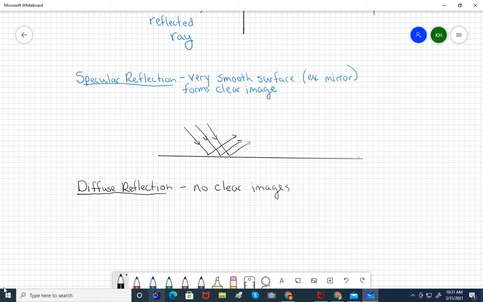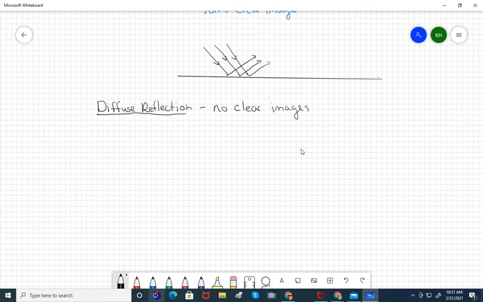So with diffuse reflection, even if we start with some nice parallel rays coming in, there's my nice parallel rays coming in. On a microscopic level, this isn't smooth like glass.